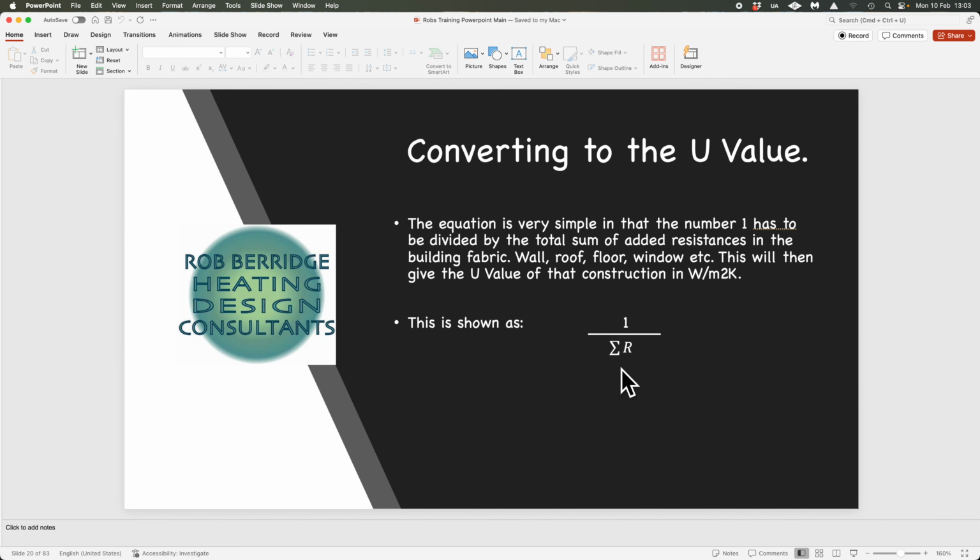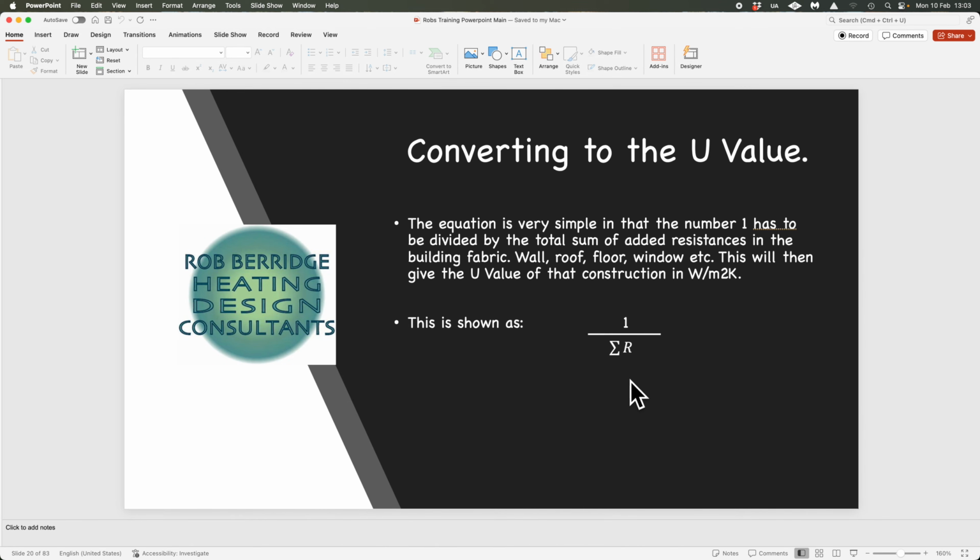All we need to do to get that figure is divide the number 1 into the sum of all the resistances. So that is the equation there.